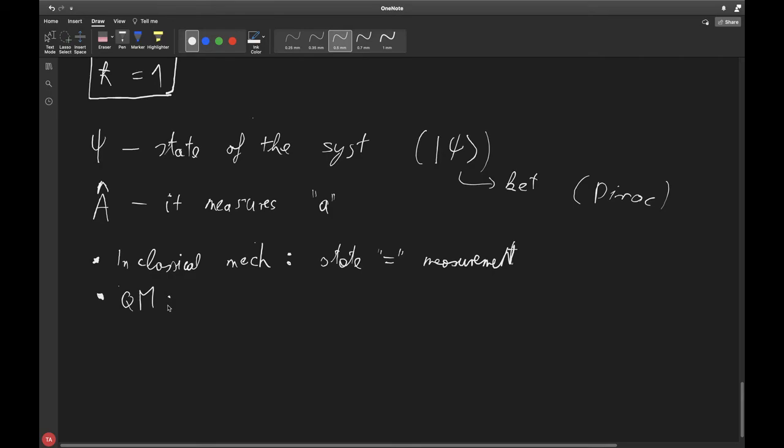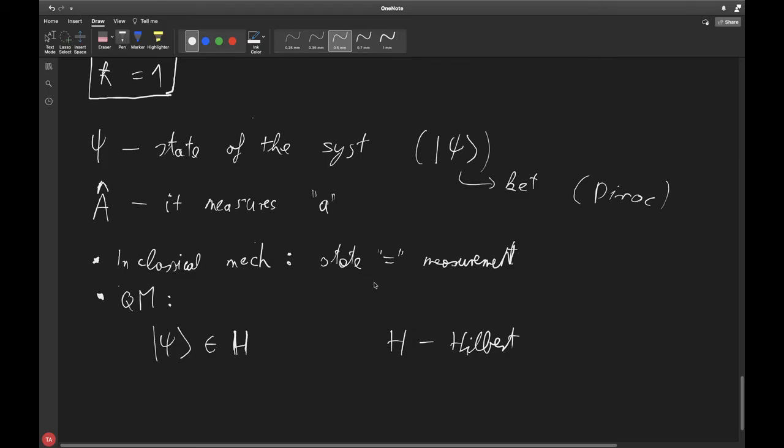all. In quantum mechanics, the state, the psi, lives in an abstract space called Hilbert space. So the H is for Hilbert. Hilbert was also a mathematician.